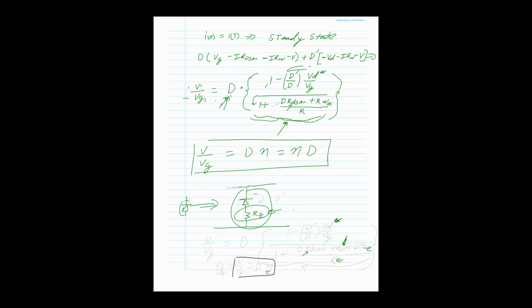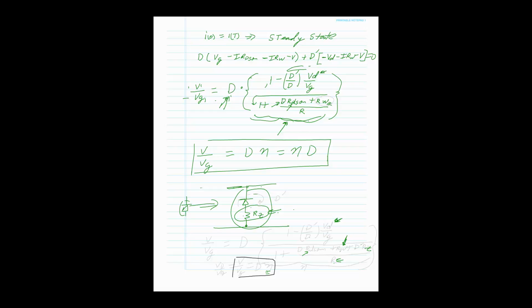Oh my goodness, do you have to start all over again? No, you really don't. Because if you observe that during the time on, you see the on resistance, RDS on. And that's where this came in, D RDS on. Because when the switch is on, that's the only time it sees the on resistance.